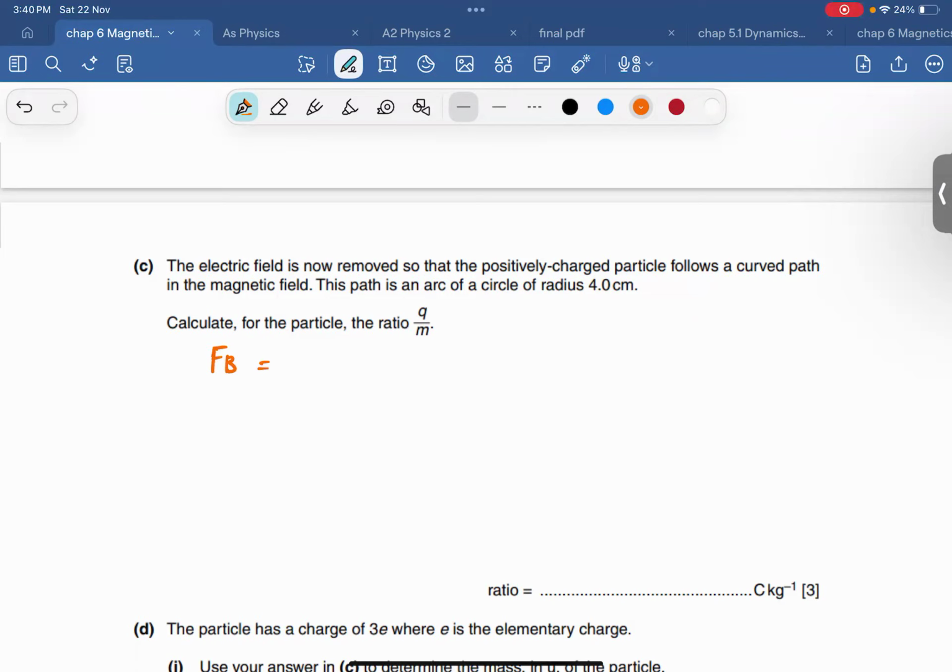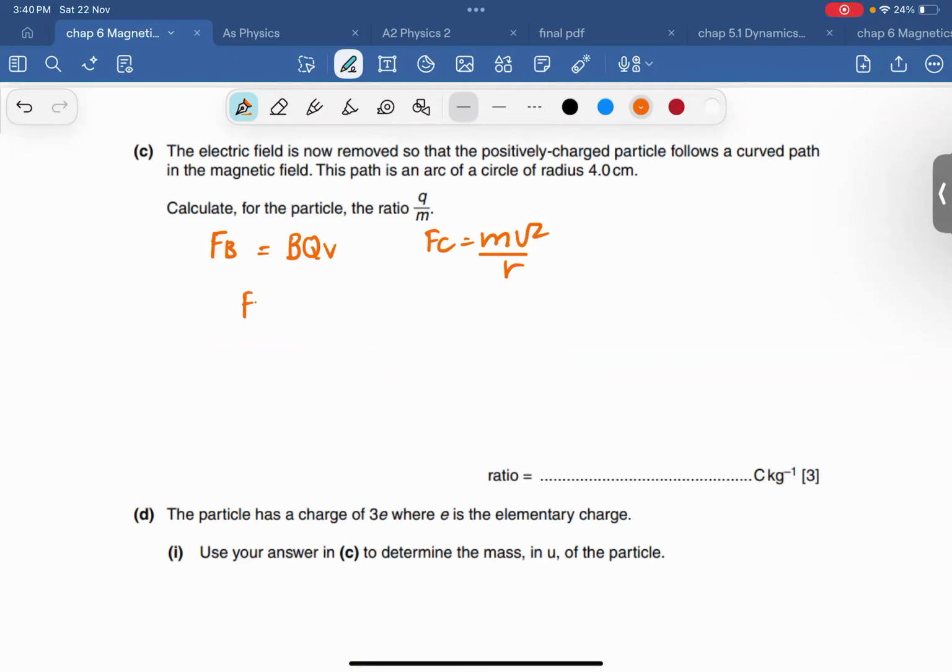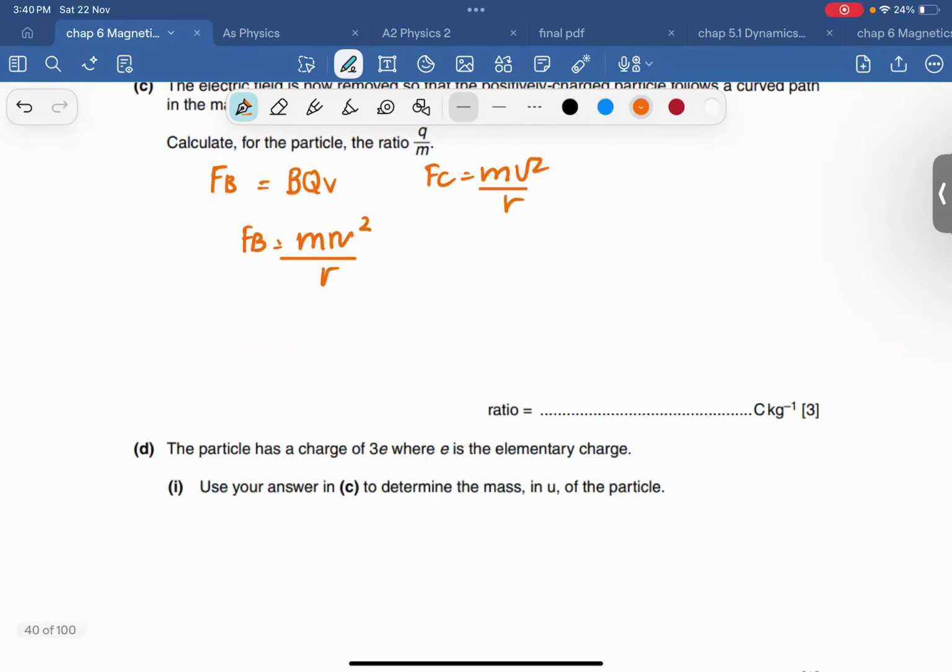So BQV is equal to MV squared over R, and then just cancel out the V and V.